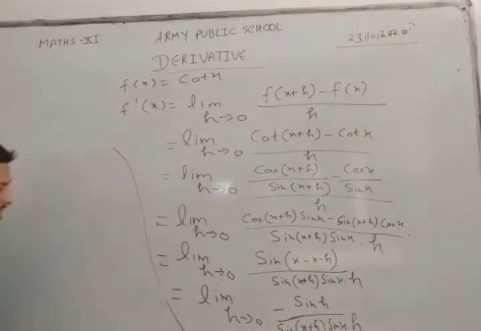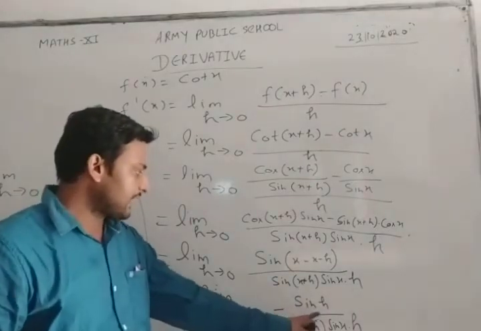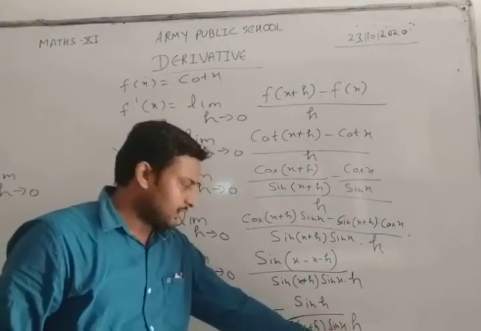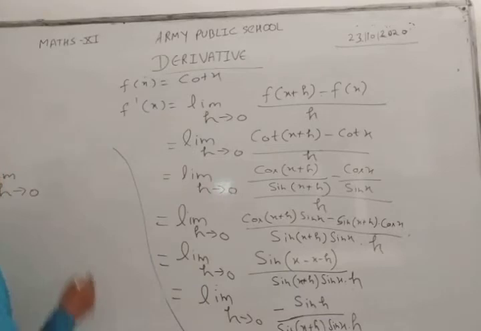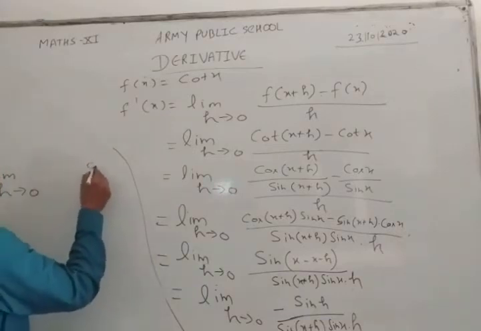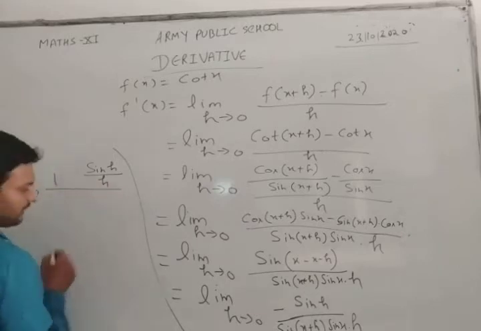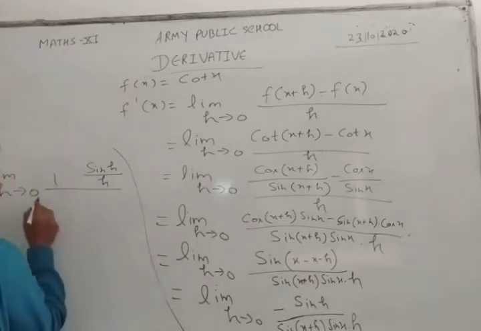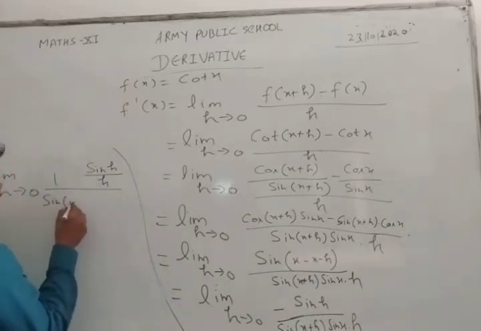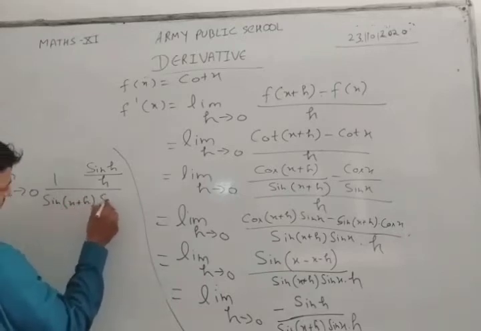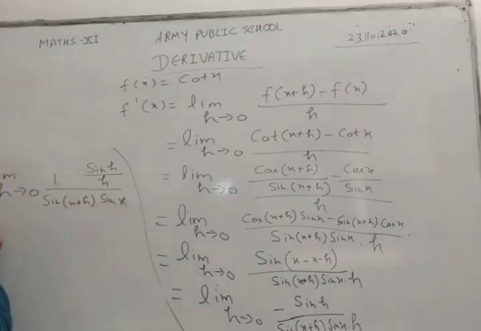Now limit h tends to 0, we can write this sin h by h divided by sin x plus h sin x.